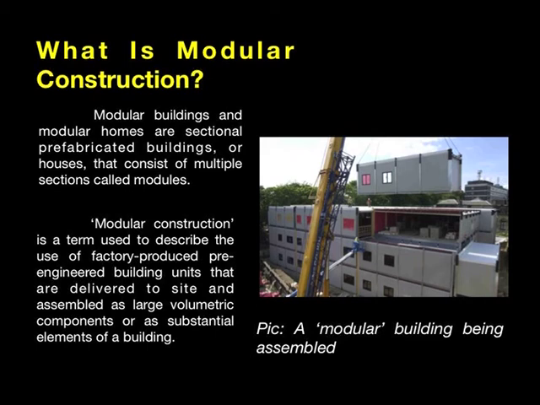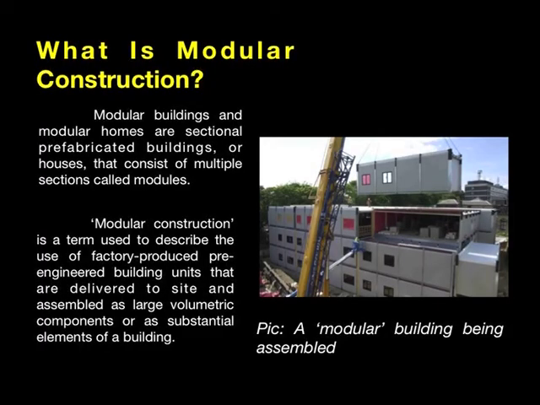By definition, modular buildings are sectional fabricated buildings that consist of multiple sections called modules. This might be a little vague, but if you look at the more detailed definition right below it, modular construction is a term used to describe the use of factory produced pre-engineered building units that are delivered to site and assembled as large volumetric components or as substantial elements of a building.